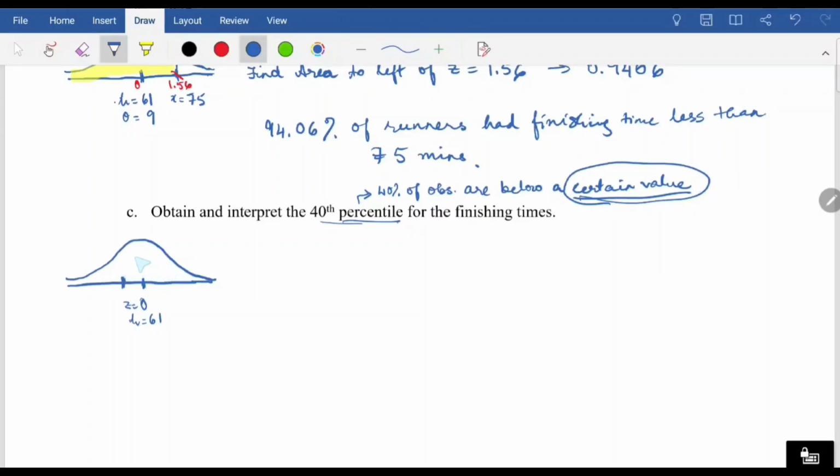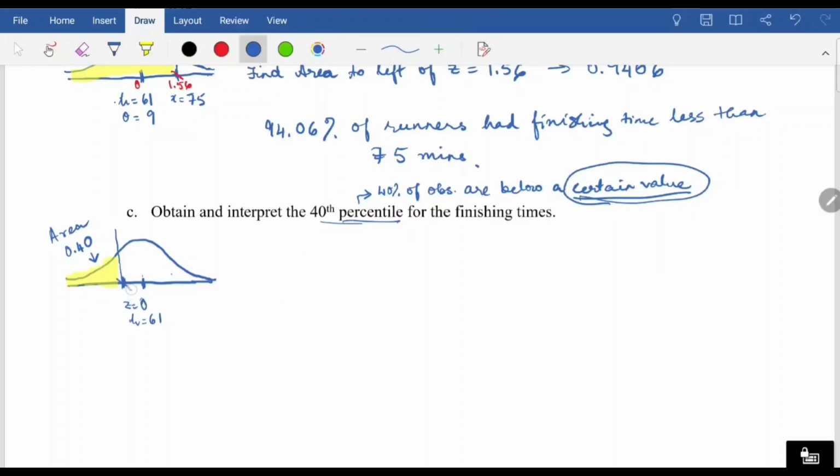The center point will divide the curve into two equal parts, 50% on the left hand side, 50% on the right hand side of the center point. And because it says 40th percentile, it will be on the left hand side because it's less than 50%. So I'm going to extend the curve up to there and then shade the region to the left. And I'll say this area is 0.40. That's the area.